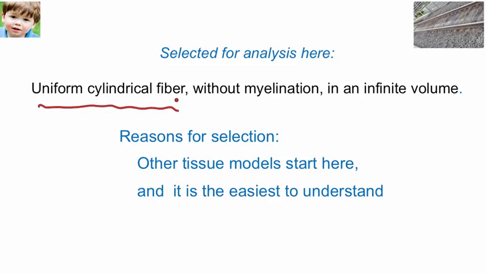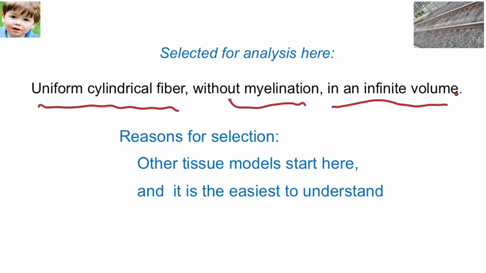This case does not have myelination, which is a material surrounding the fiber that makes it conduct faster, and the fiber is located in an infinite volume. These are all simplifications. In a certain sense, you would say, this is the simplest model that incorporates all of the major structural features that must be present.